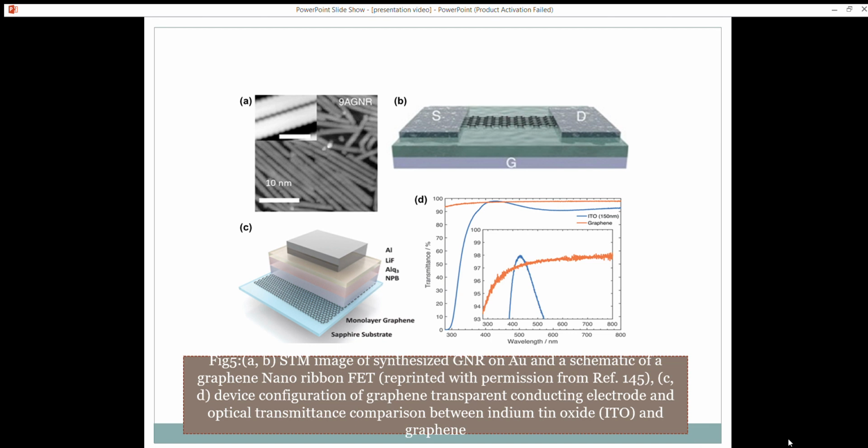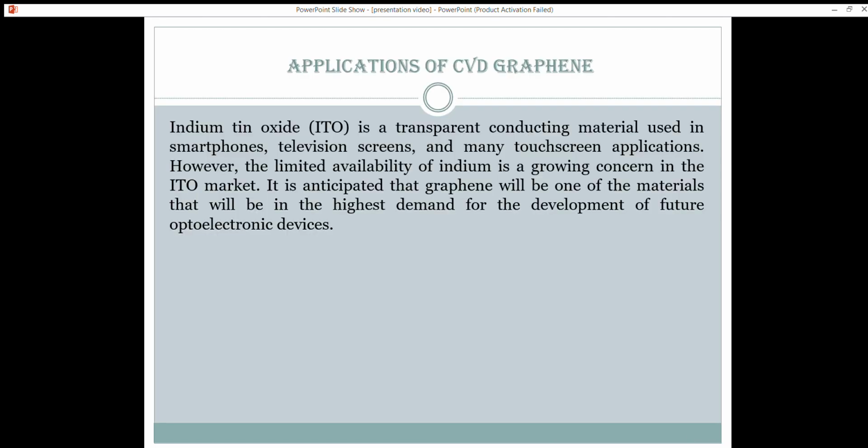Moving on, indium tin oxide (ITO) is a transparent conductive material used in smartphones, television screens, and many other touchscreen applications. However, the limited availability of indium is a growing concern in the ITO market. It is anticipated that graphene will be one of the materials in highest demand for the development of future optoelectronics.